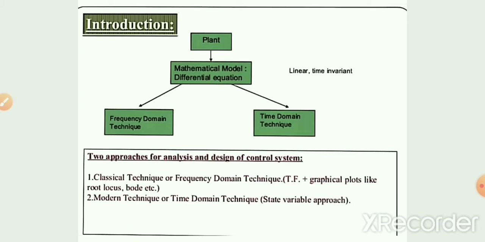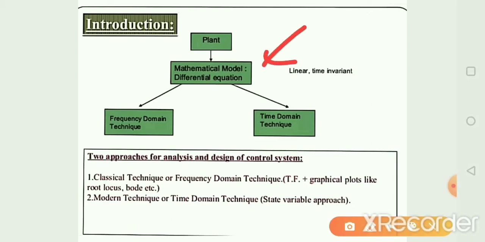Now this system is represented by a mathematical model. You can see here a plant and a mathematical model, a differential equation. It has two types: one is the frequency domain technique and the second is the time domain technique. So a system is represented by the mathematical model and it has two approaches: one is the modern approach and the second is the conventional approach.